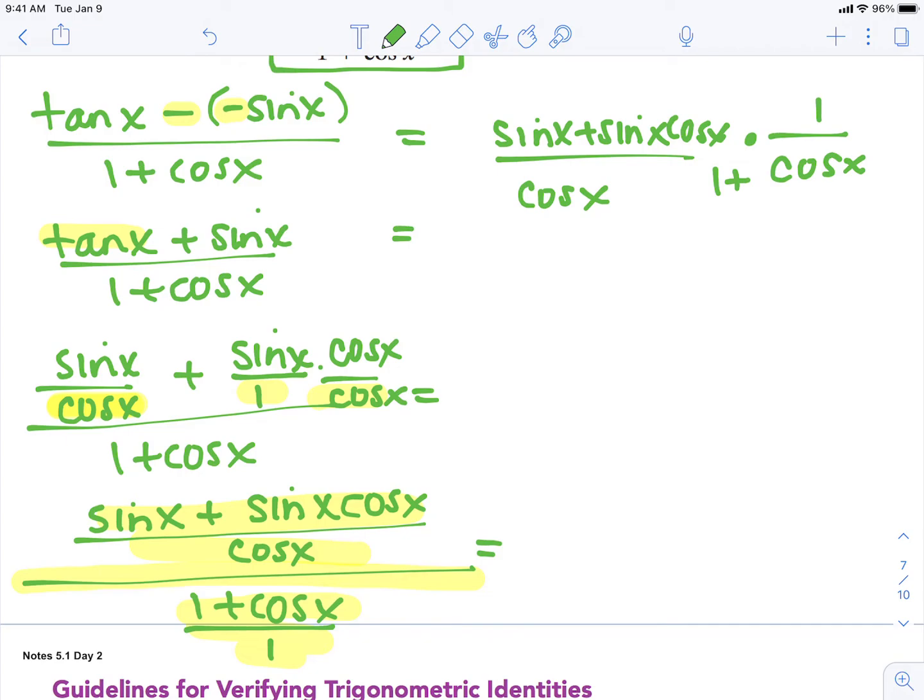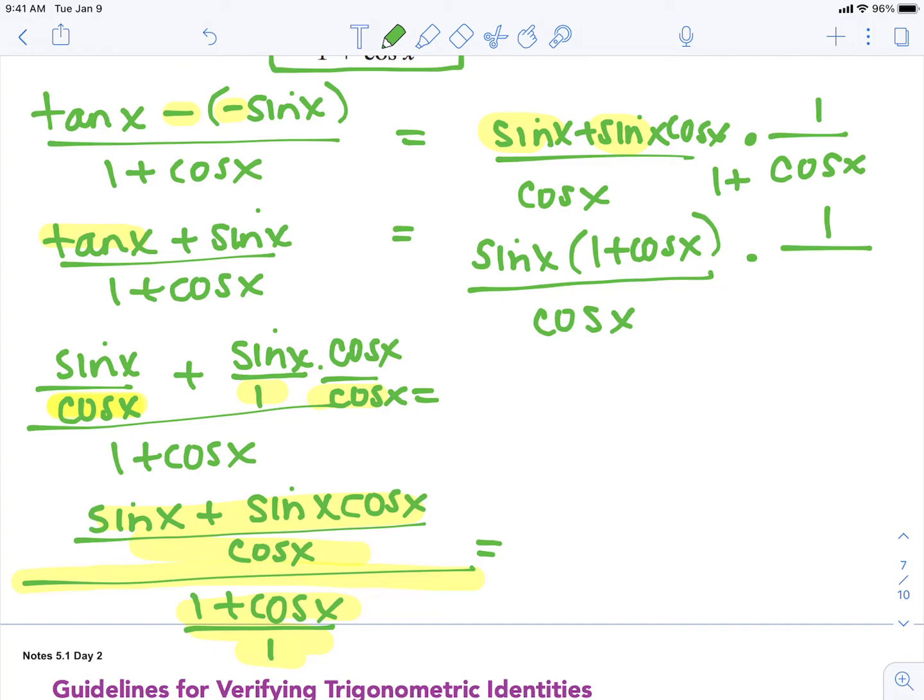All right. What we can do next is take out the greatest common factor. We have a greatest common factor with the sine of x in that first fraction's numerator. So we're going to take out a sine of x, and we're left with 1 plus the cosine of x, and then cosine of x. Second fraction, we're just keeping it the same. Now, looking at those two fractions, there is a common factor.